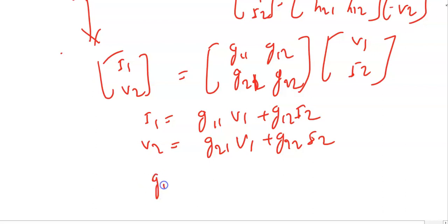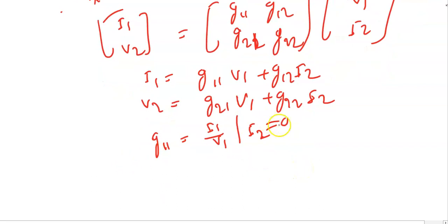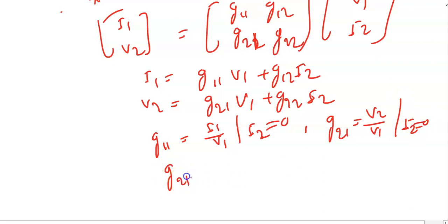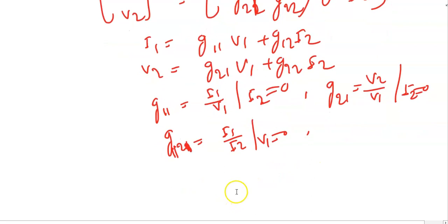Like G11 is equal to I1 upon V1 when I2 equal to 0, that is open circuited at the output. Similarly, G21 is V2 upon V1 when I2 equal to 0. G12 is equal to I1 upon I2 when V1 equal to 0, that is short circuiting the input.